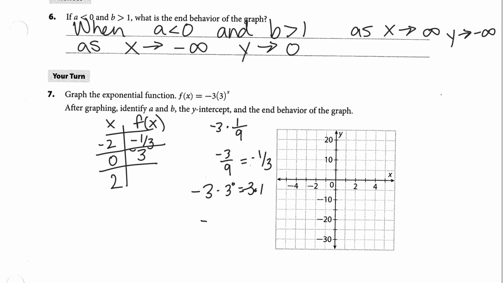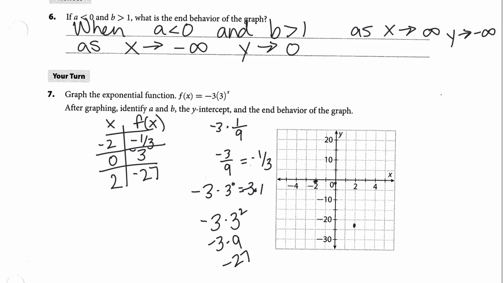And if we had -3 times 3 squared, that would be -3 times 9, which gives us -27. So we'll graph those: (-2, -1/3), (0, -3), (2, -27).